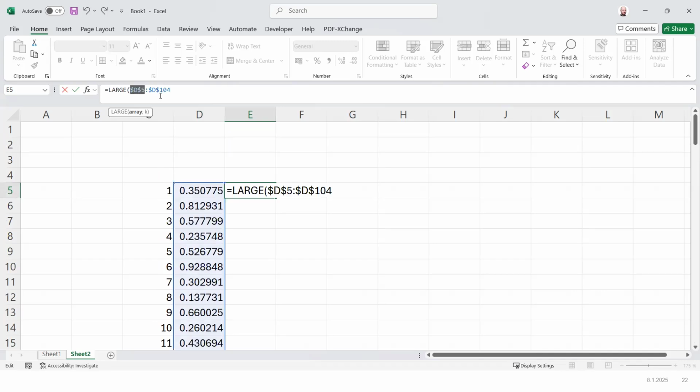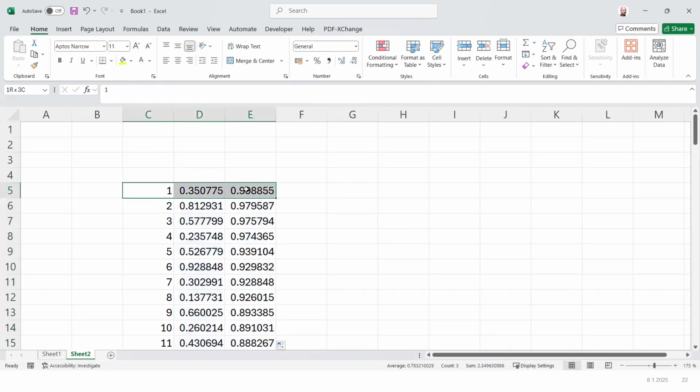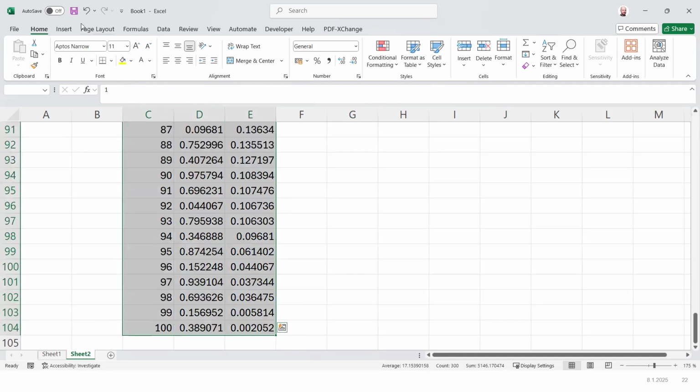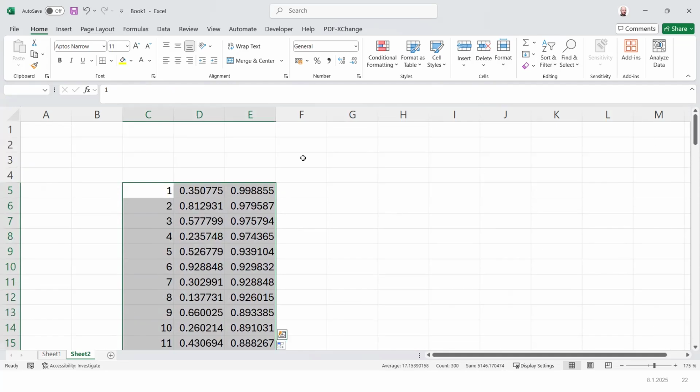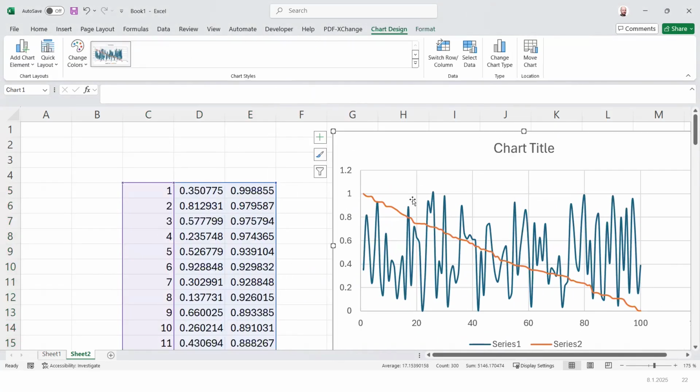So if you want to make this in Excel, this is how you do it. And in here, I'm going to put dollar signs. And I'm going to say this is the first, or the largest rather. And now I have a load duration curve and time series that I can draw as a function of my time unit, which is this 1, 2, and 3, and so forth.